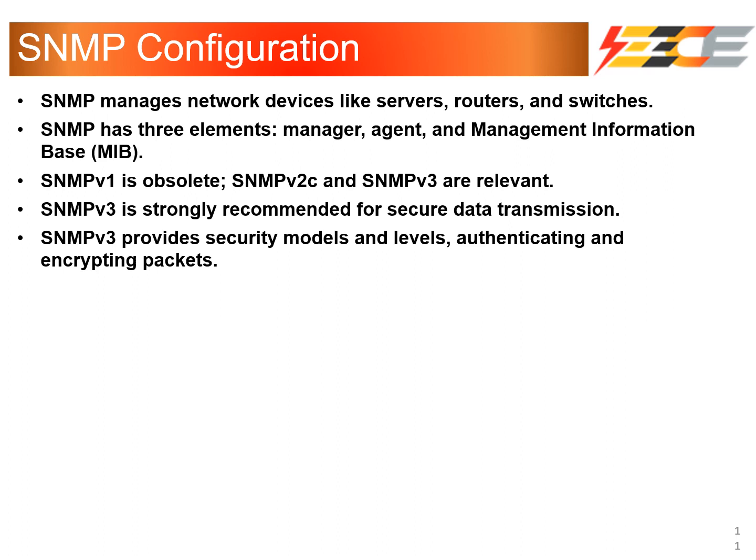A combination of the security level and the security model determines which security mechanism is used when handling an SNMP packet. SNMP version 3 authenticates and encrypts packets over the network to provide secure access to devices. This addressed the vulnerabilities of earlier versions of SNMP.